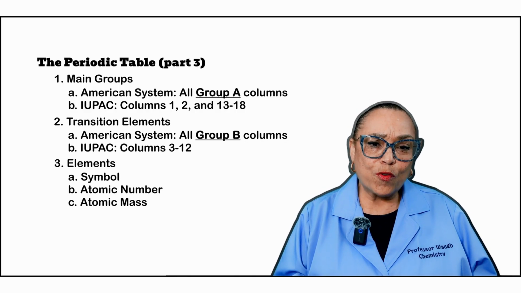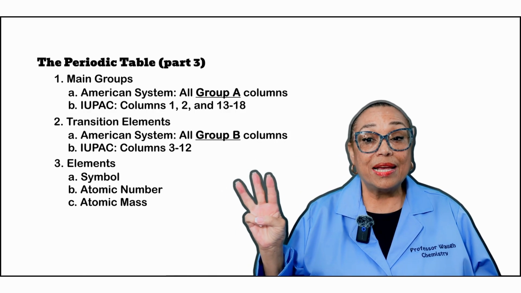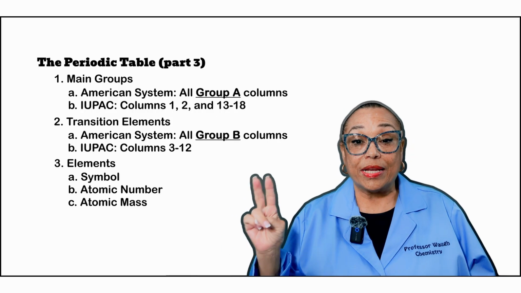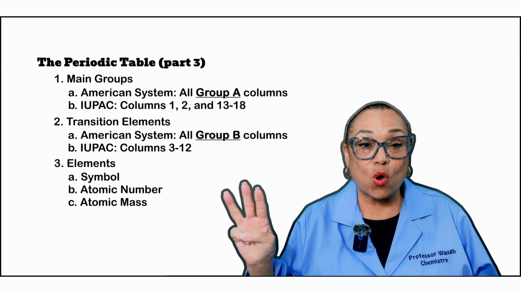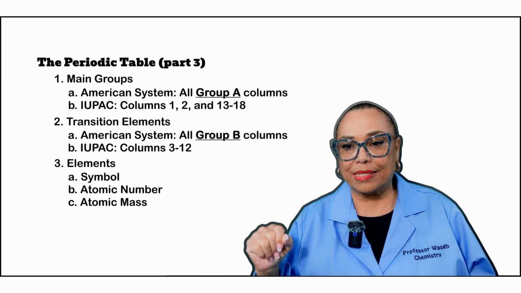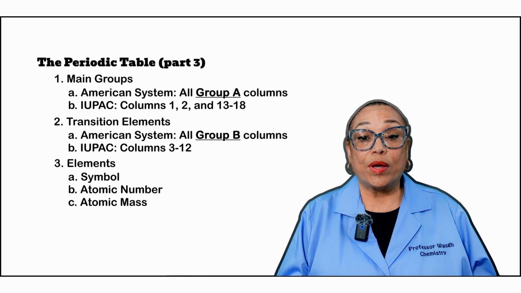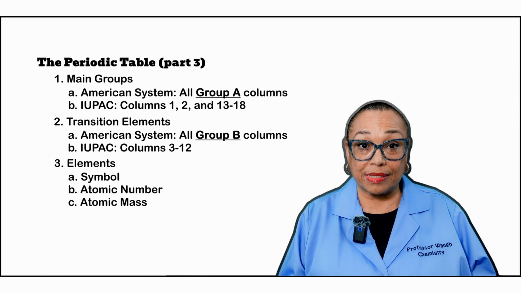Now, every rectangle on the periodic table has 3 separate parts. You have the symbol, the atomic number, and the atomic mass, or atomic mass units, the way I like to say it. The symbol identifies the element with one uppercase letter and sometimes one lowercase letter.